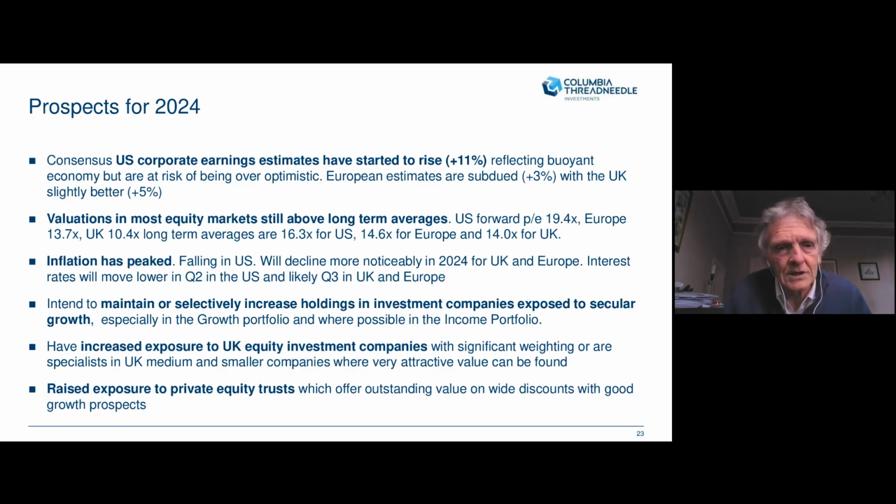The forward price earnings ratio means what consensus estimates from a whole variety of analysts for the next 12 months. So in the case of America, the forward PE is almost 20. The long-term average is about 16. So the US is looking expensive, courtesy of some of these technology companies in particular.